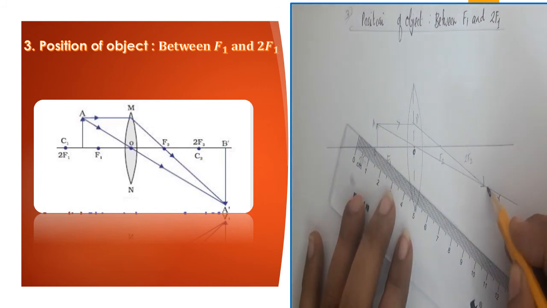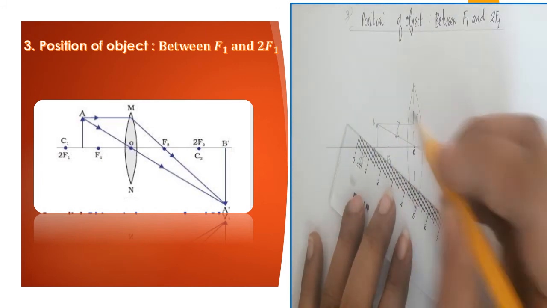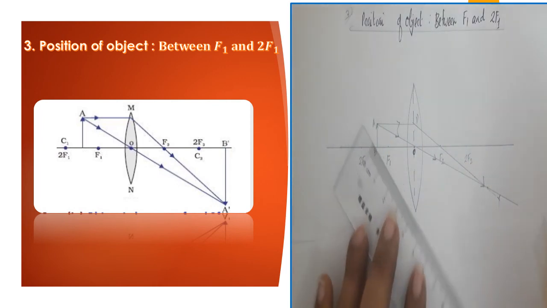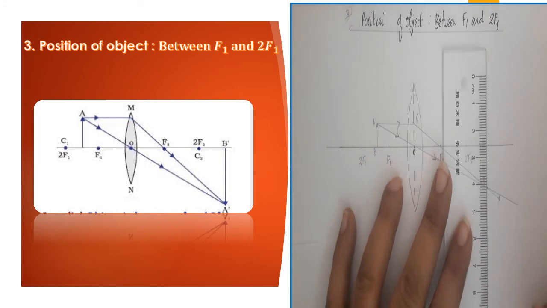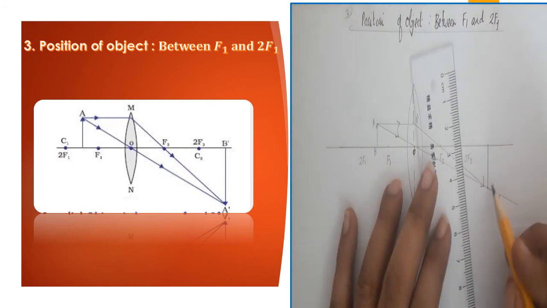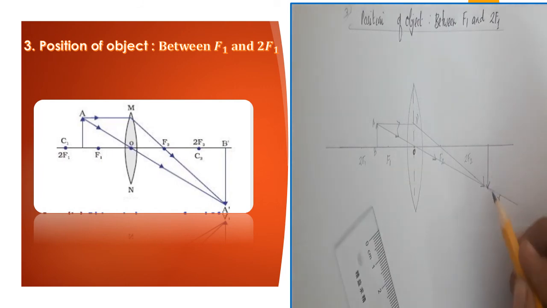So these are the directions of the light rays. Then here we can see the light rays meet. So here we get an image, and this image is inverted, children.